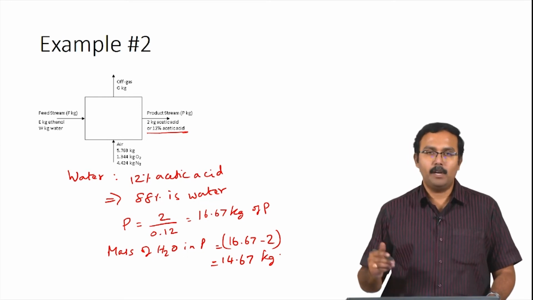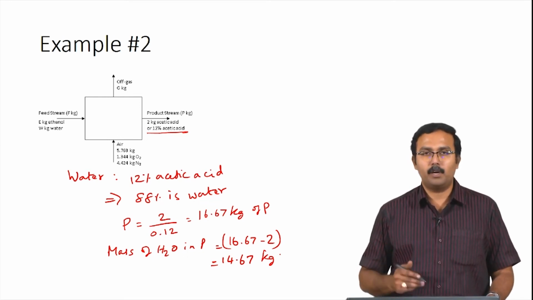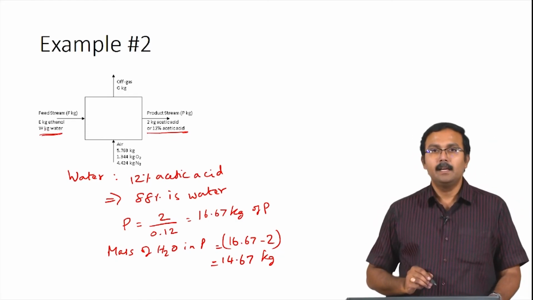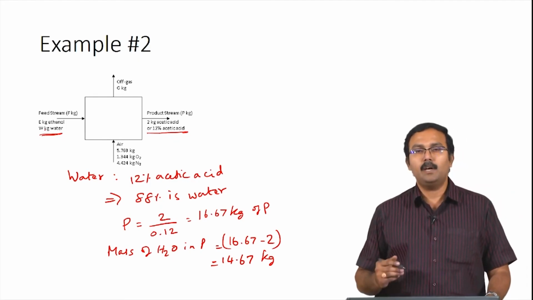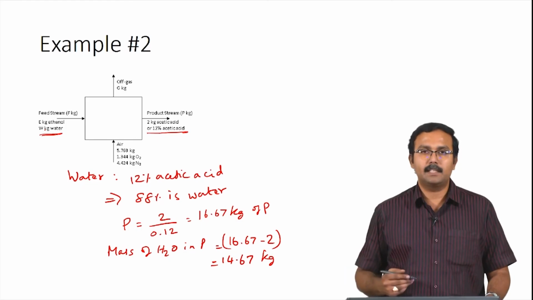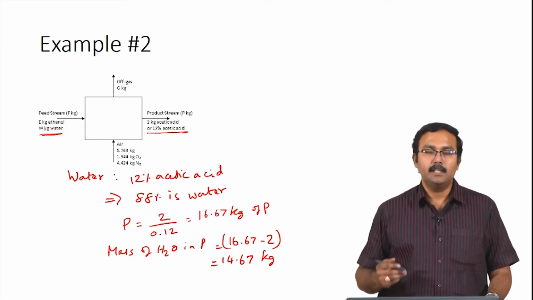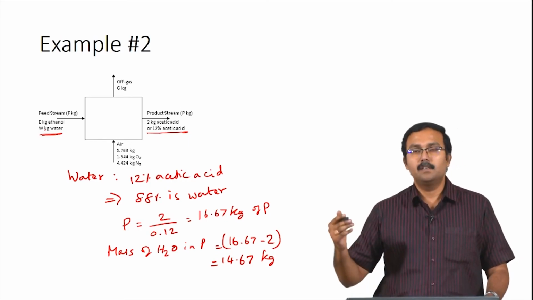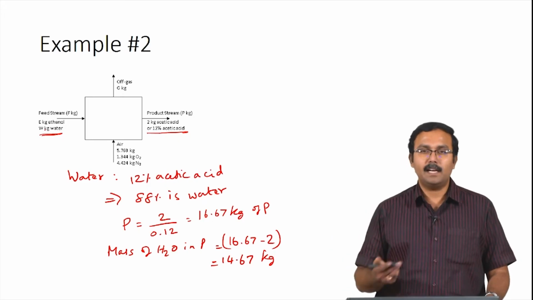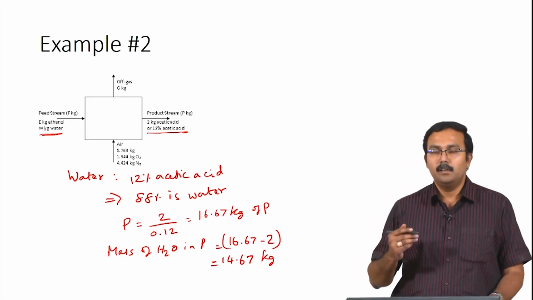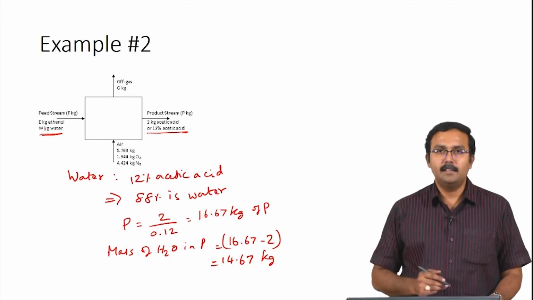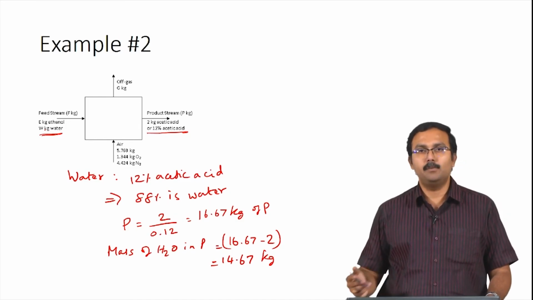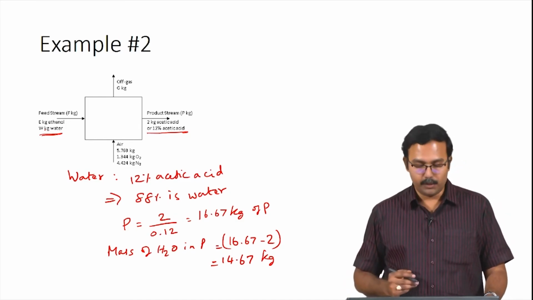To get 14.67 kilograms of water in the product stream, we would have to have water which is supplied through the feed. In addition to water which is fed, you also have water which is generated during the reaction. If you had looked at the reaction scheme, it shows that ethanol forms acetic acid and water when it reacts with oxygen. So, we have water which is also generated. So, we can account for that while we are calculating the minimum amount of water that needs to be supplied for diluting the acetic acid solution.